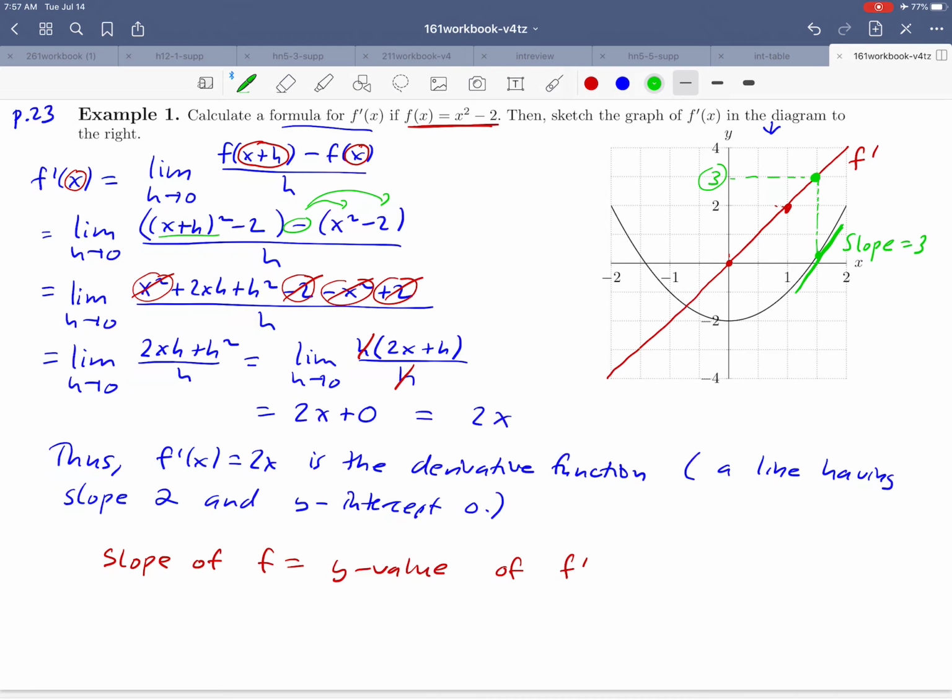Let's just pick another one, maybe here. What's the y-coordinate there? Well, it's -3, and that means that if we find the corresponding point on the function and draw the tangent line, the slope should match the y-coordinate of -3. Okay, and you could do that experiment for every single point on the entire graph of the function that we have here.